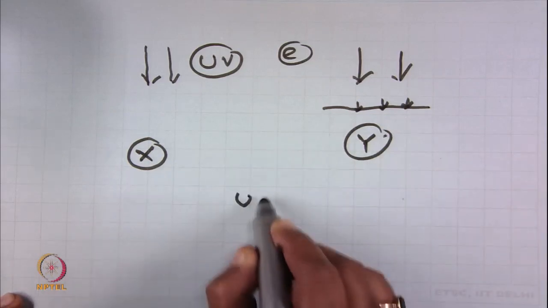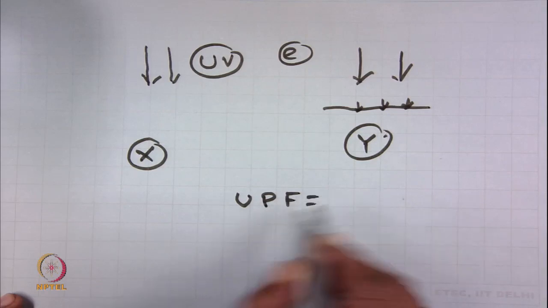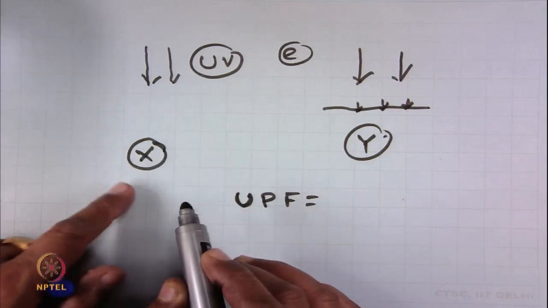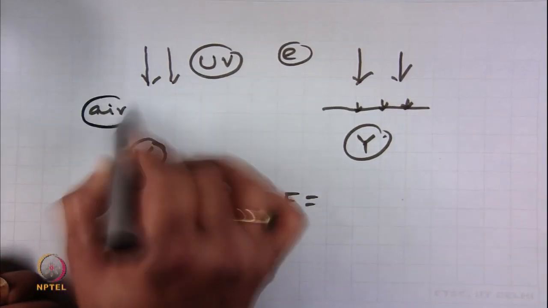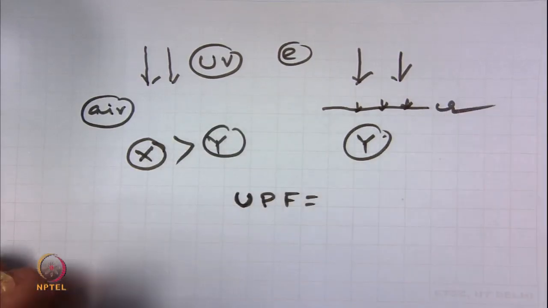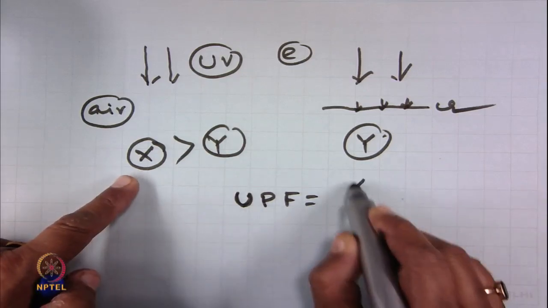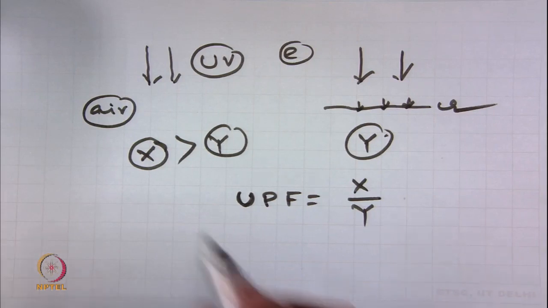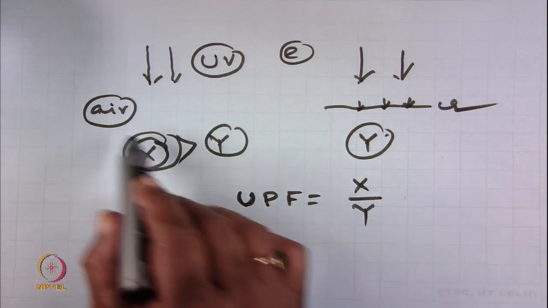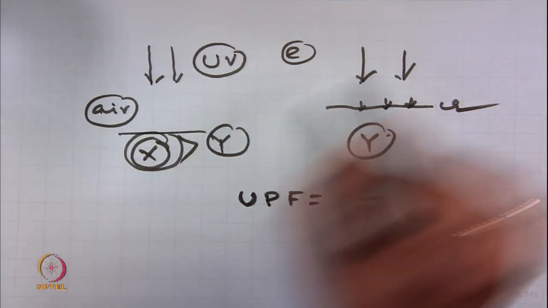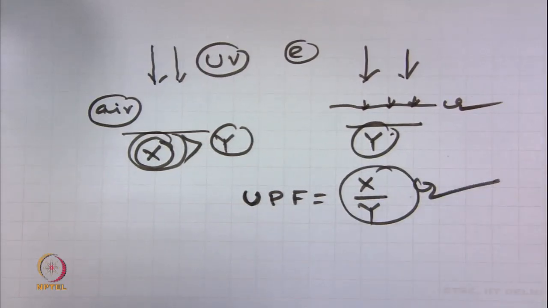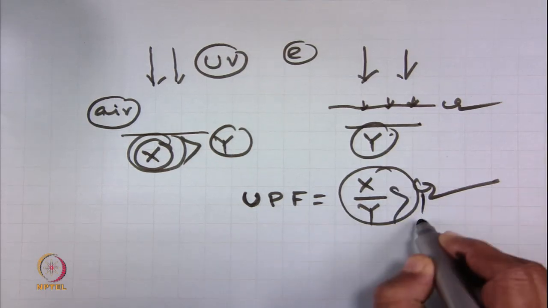So, UPF, ultraviolet protection factor: this x value, only through air, will be more than the y value, because fabric will absorb a little bit. So, UPF is x by y. Through air, what ultraviolet ray is coming to a receiver, and through fabric how much is coming; the ratio we take is called UPF, whose value is typically more than 1.